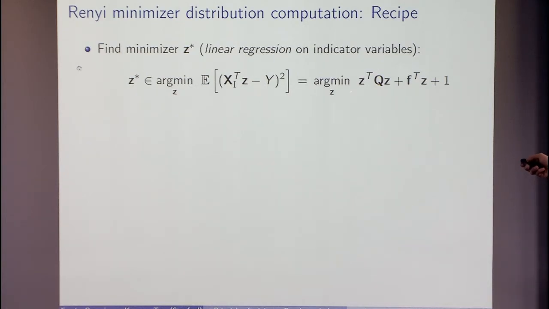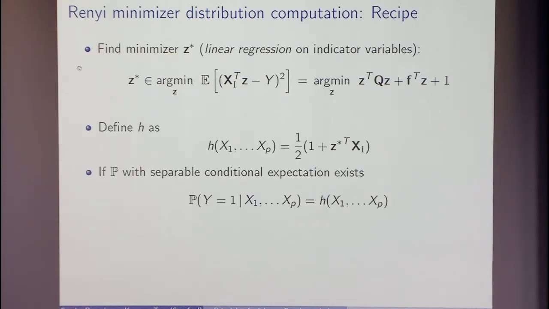It's basically a quadratic optimization problem, and these Q and f entries are just based on the pairwise marginals. So it's basically a linear regression on indicator variables, as you see here. So we do this linear regression and define h like this. It's a separable function. And now, if that P with separable conditional expectation exists, under that assumption the conditional distribution of y given x would be exactly this h.